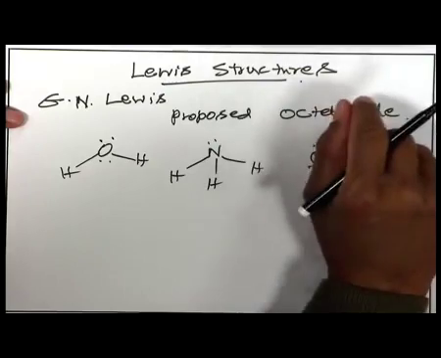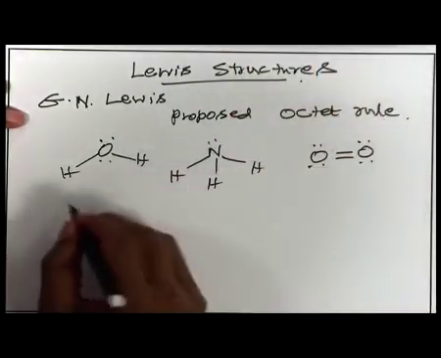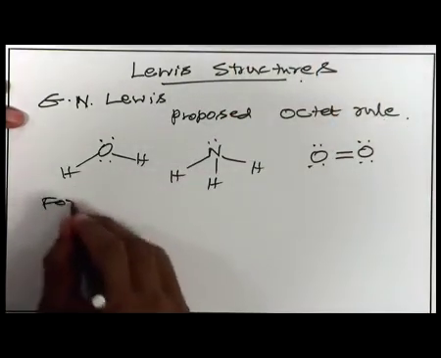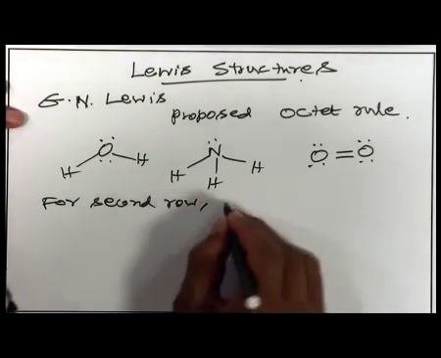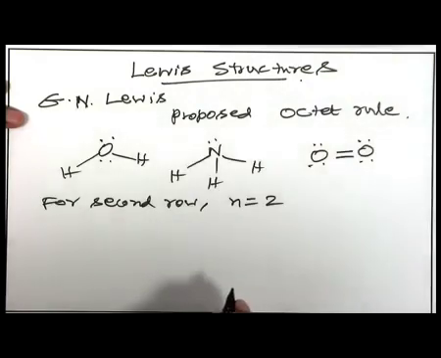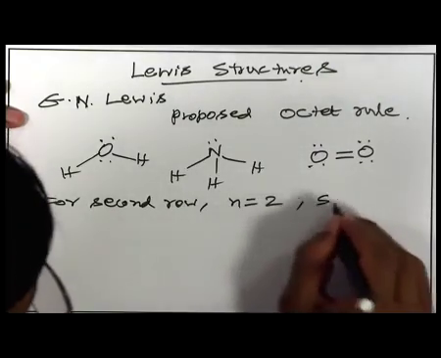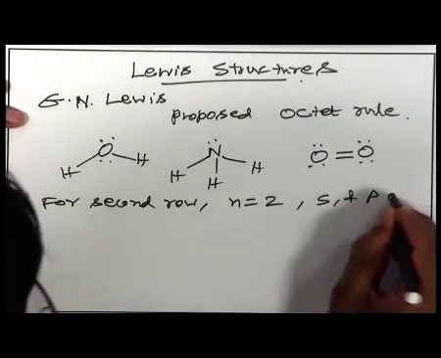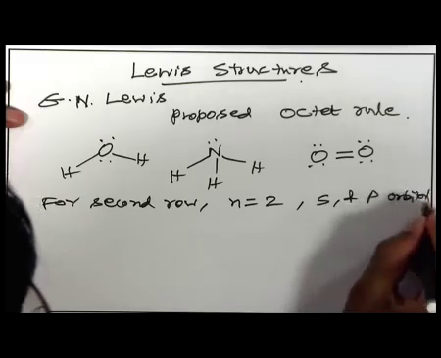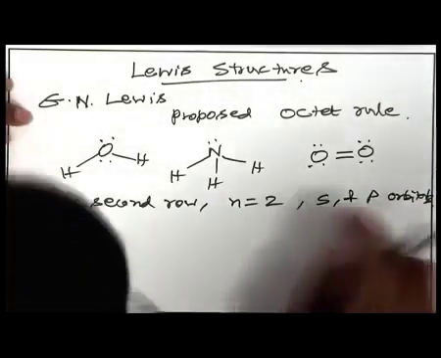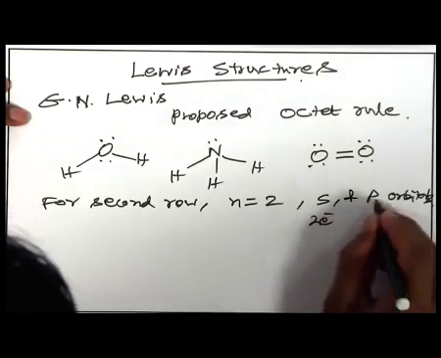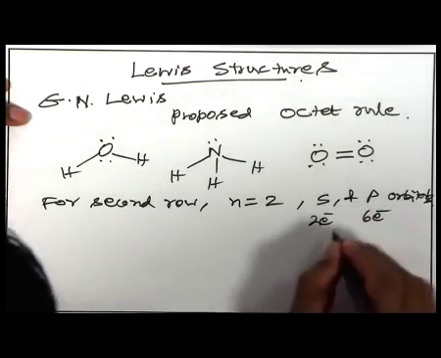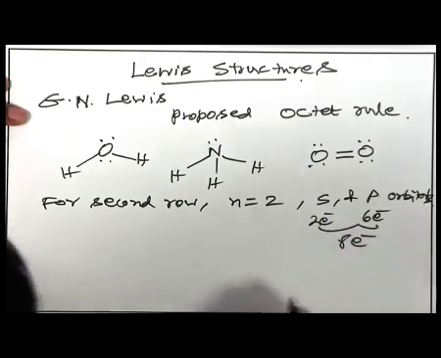Second row elements means the energy level is n equal to 2, and they have s and p orbitals. The s orbital can accommodate 2 electrons, and the p orbital can accommodate 6 electrons. In total, there are 8 electrons.